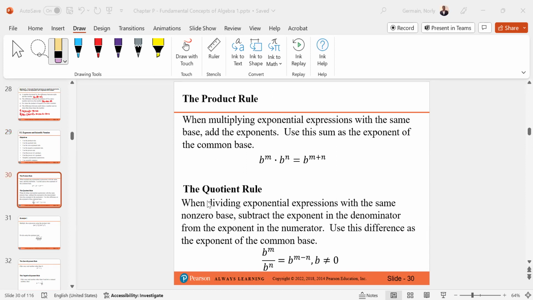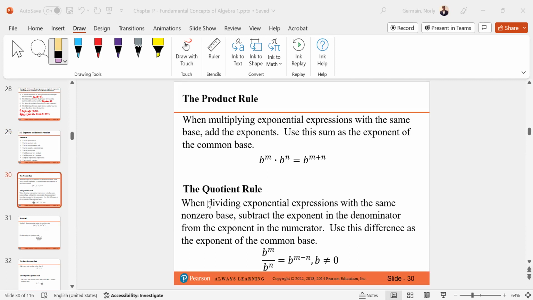When you multiply, we have seen that exponents are used to indicate repeated multiplications, right? When you multiply exponential expressions with the same base, add the exponents. So use this sum as the exponent of the common base.